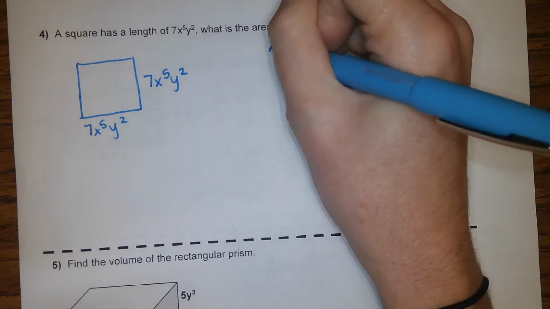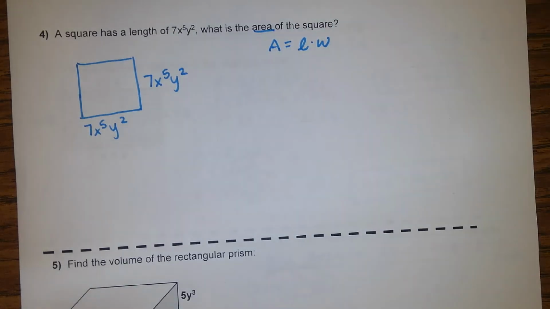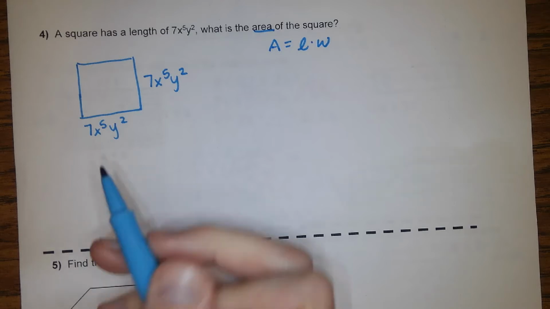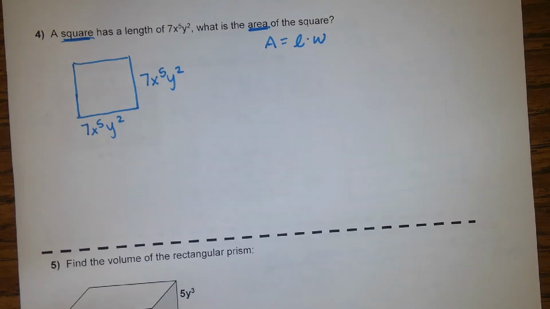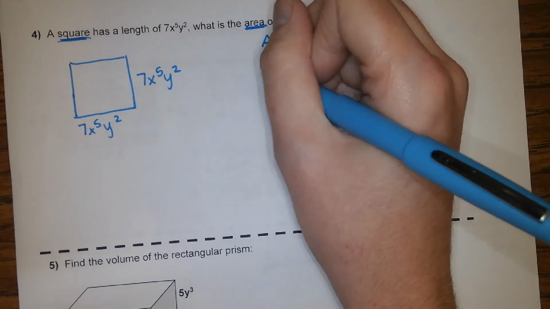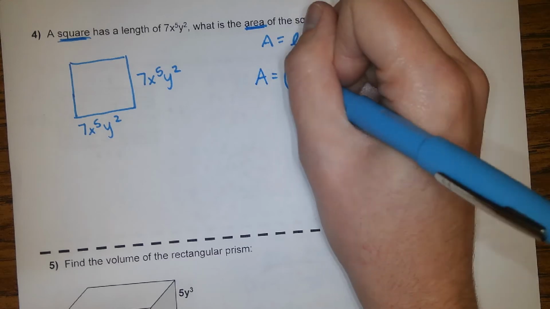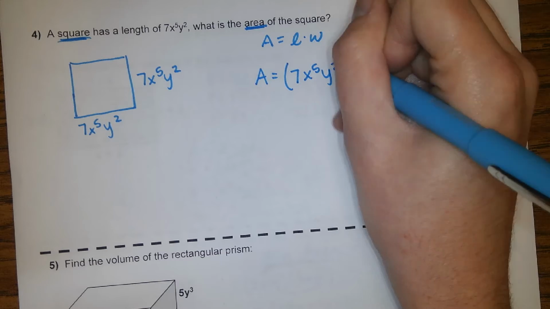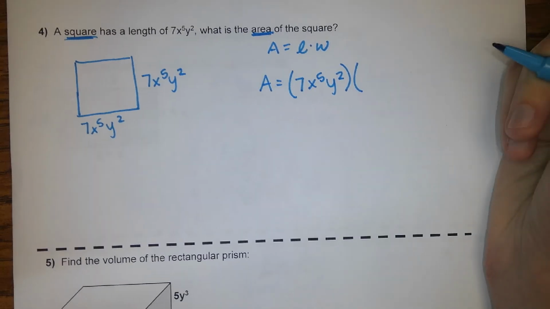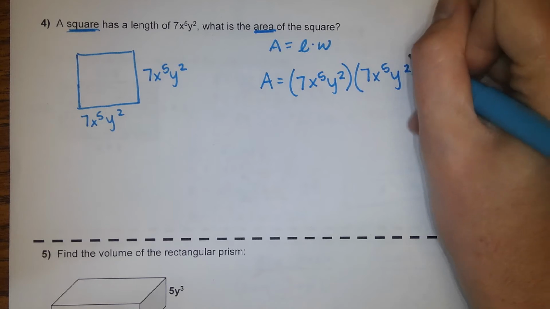And we know we are looking for area, and area is equal to the length times the width, all right? So important words here were square and area. All right, so if we are going to go ahead and write this out, we would say, okay, my area is equal to my length, which is 7x to the 5th, y squared, times my width, which is 7x to the 5th, y squared.